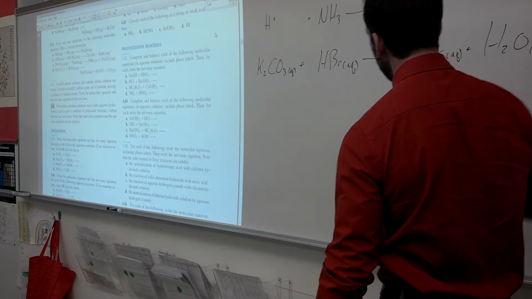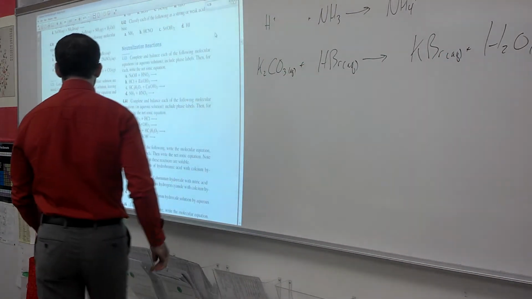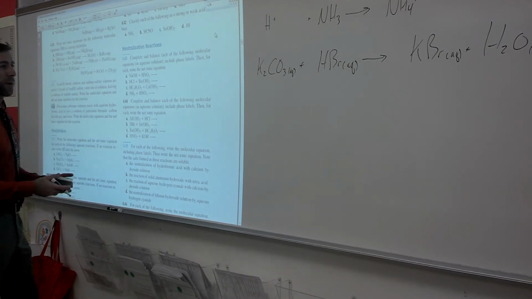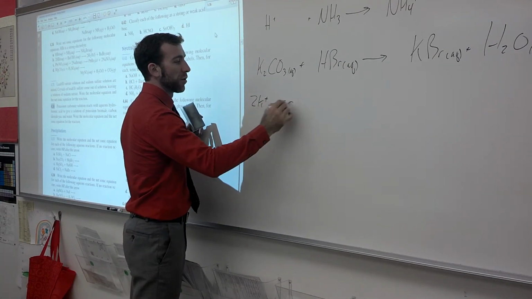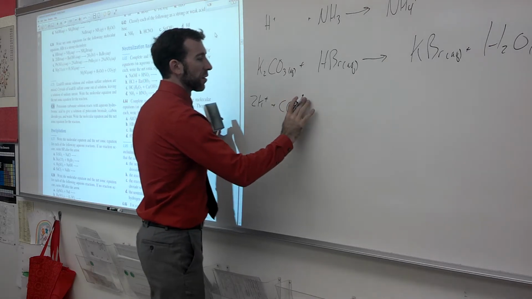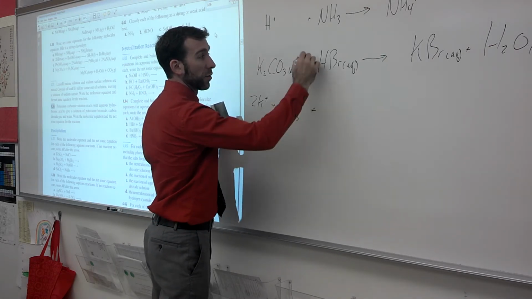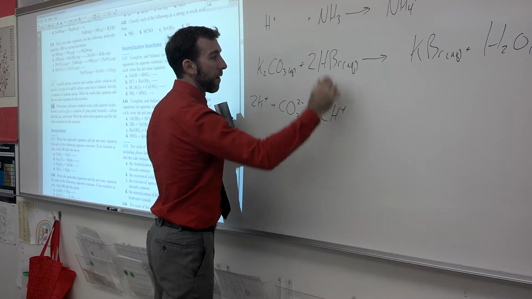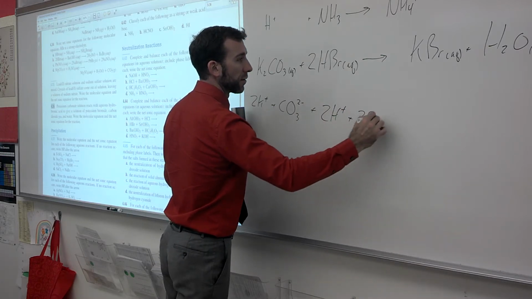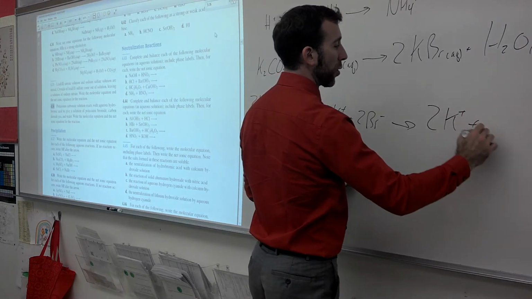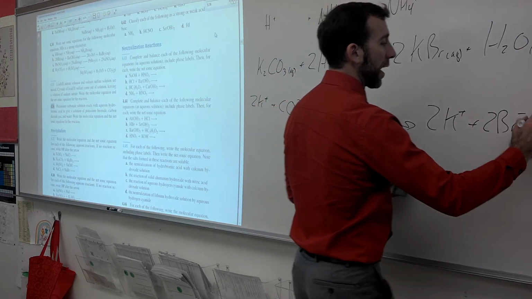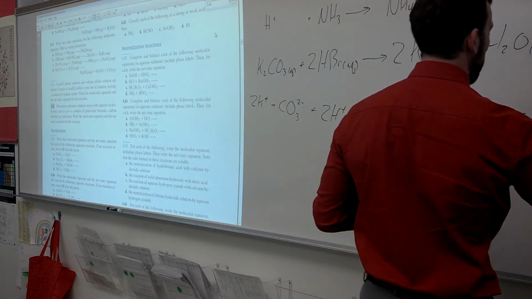The potassium and the carbonate are aqueous. It's an ionic compound. So we started off with 2 of these, getting 2 hydrogens and 2 bromides. And it's going to make 2 potassiums, which are broken up, 2 bromides, which are broken up, and a water and a carbon dioxide.